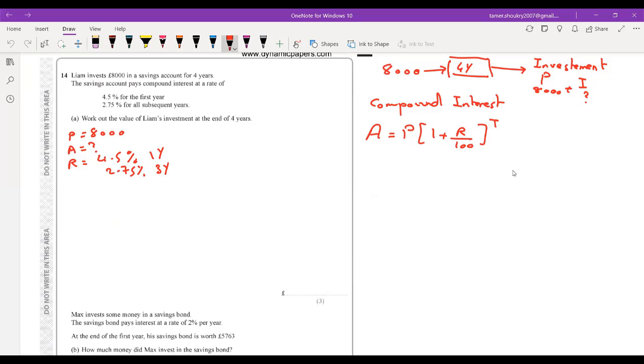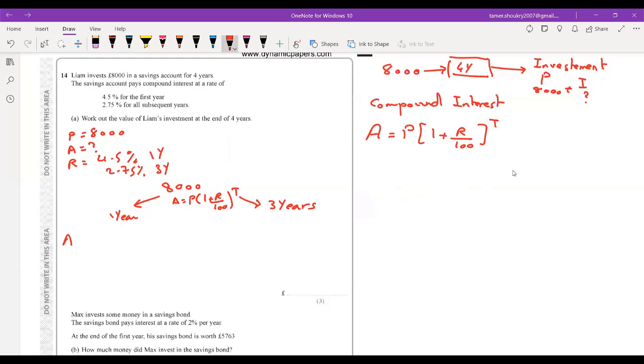We will use the law twice. We have 8,000. We have the law A equals P times 1 plus R over 100 to the power T. We have two interests, the first year and the remaining 3 years.